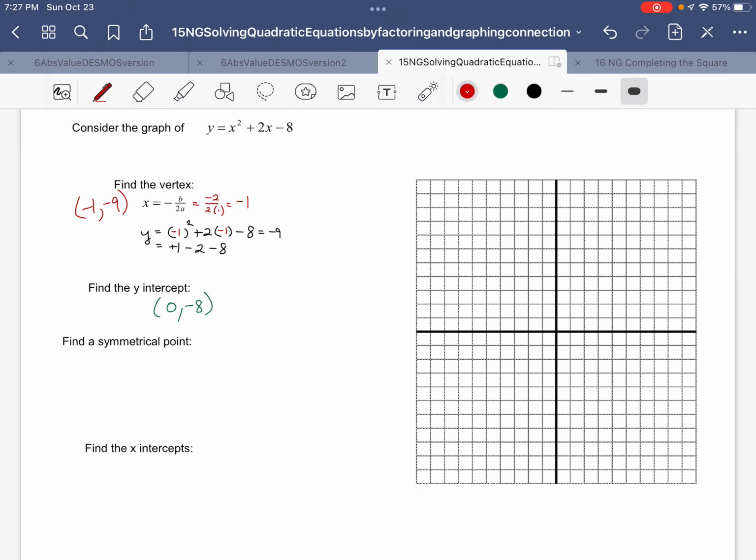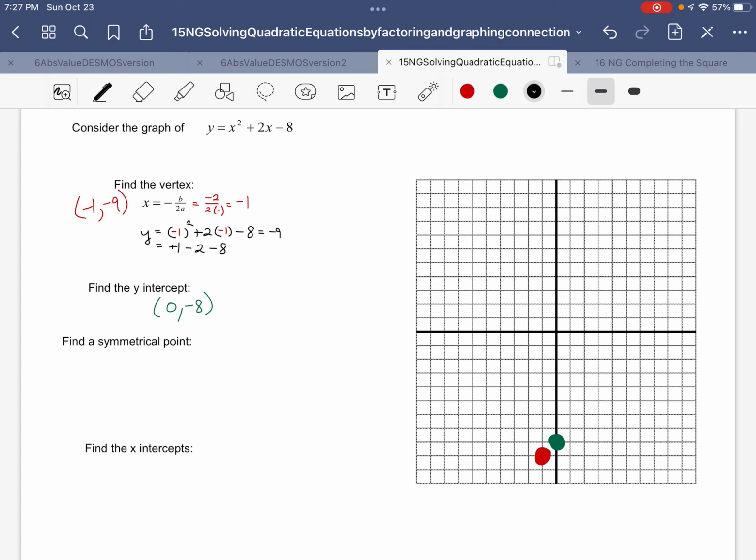Now, what we could do is start talking about graphing what we have found. So I've got to graph negative 1, negative 9. Boy, I hope I counted that correctly. Let's check that. 1, 2, 3, 4, 5, 6, 7. Yep. So that's negative 1, negative 9. And then here's 0, negative 8.